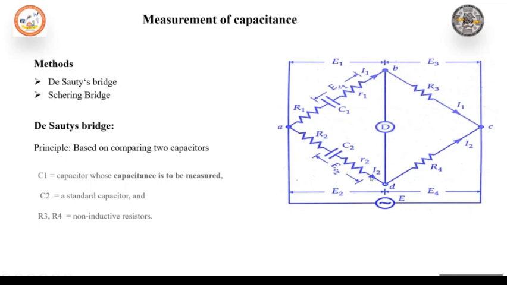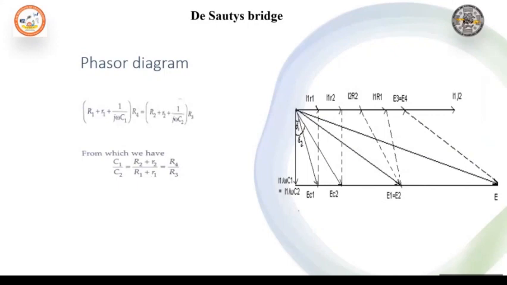At balance condition, the expression is given by (R1 + r1 + 1/(jωC1)) R3 = (R2 + r2 + 1/(jωC2)) R4.